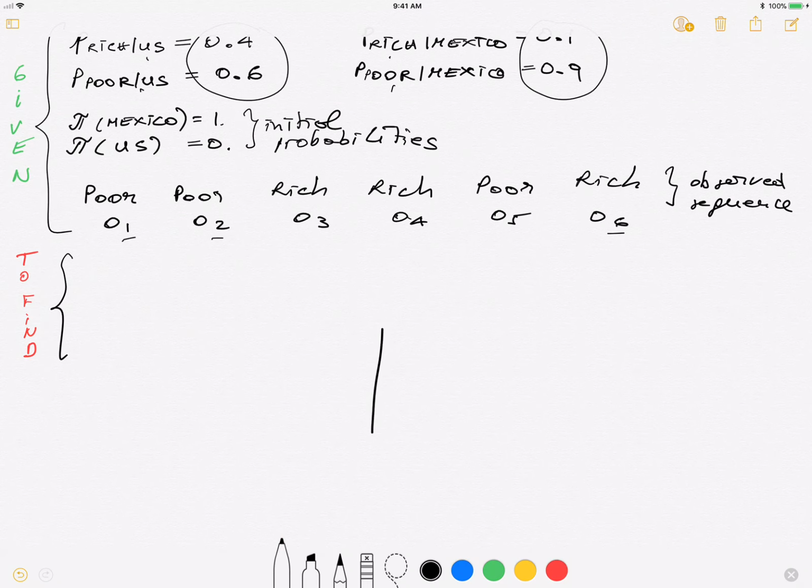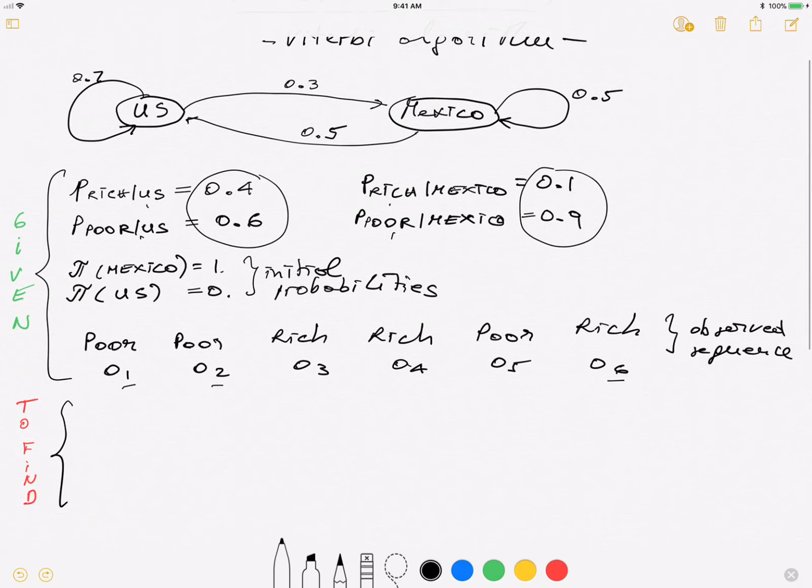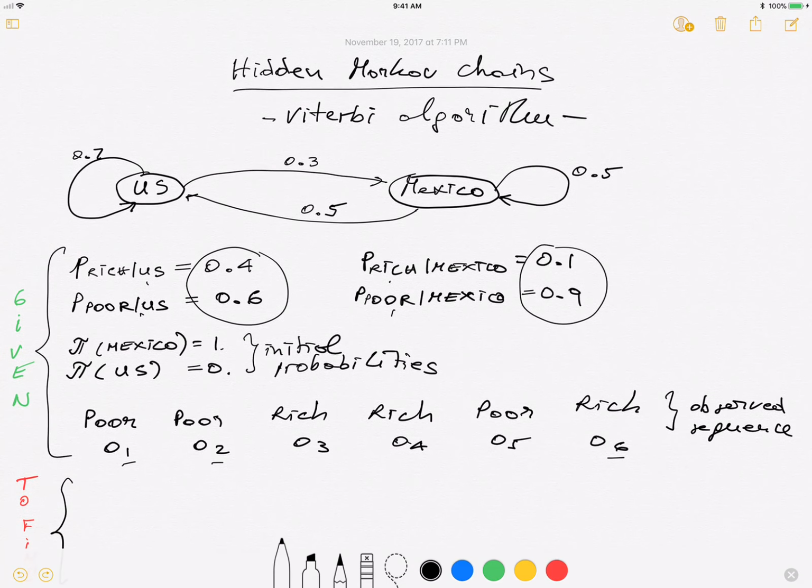We know that at the beginning, the probability the family was in Mexico is 1. At the beginning, the family was in Mexico.